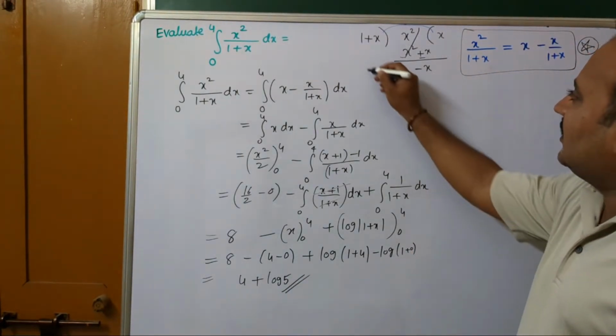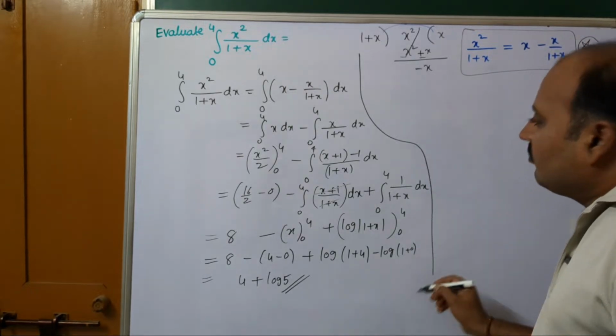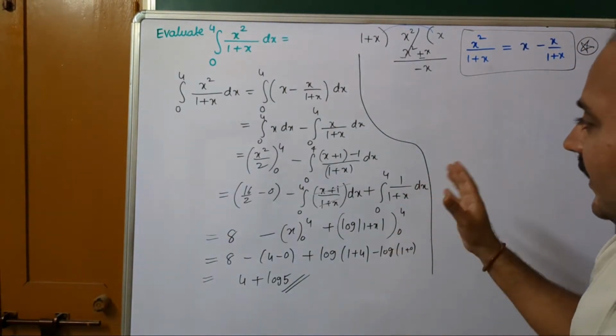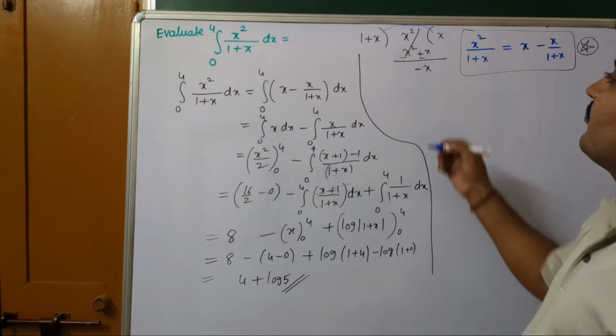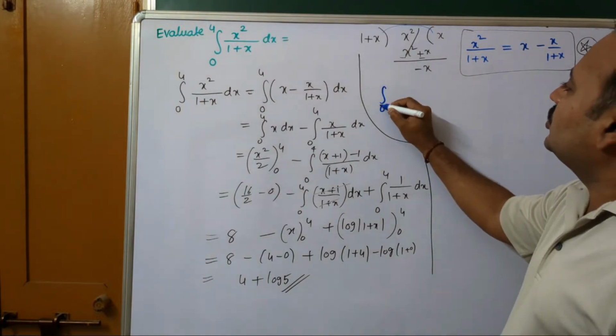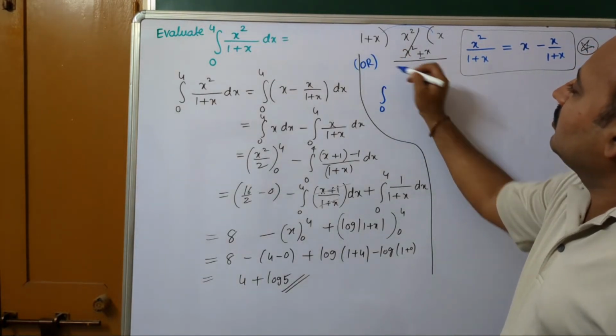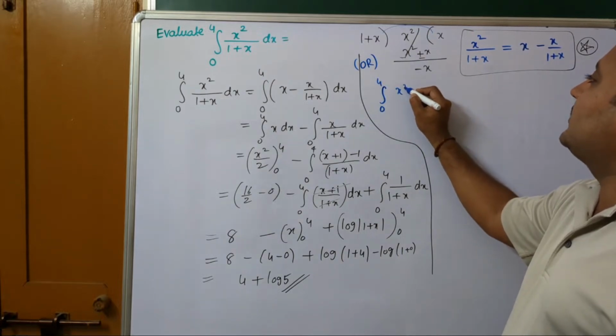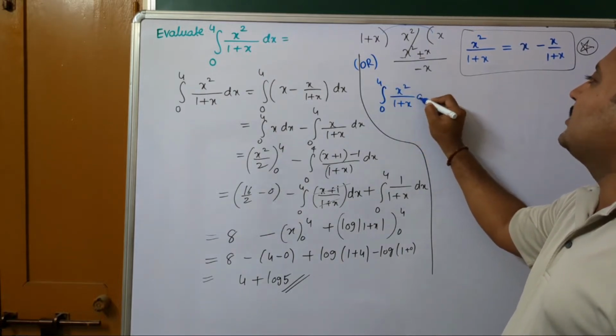Other than this, how to do? Instead of this method, integral 0 to 4 x square by 1 plus x into dx.